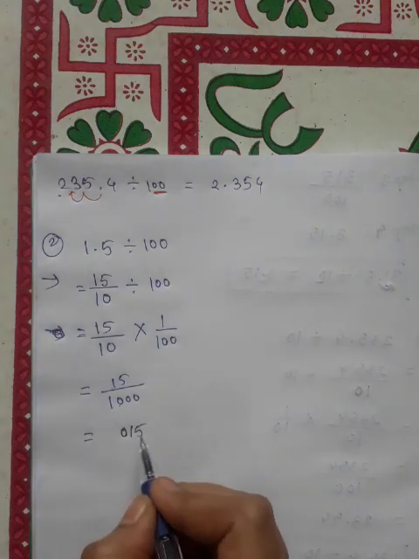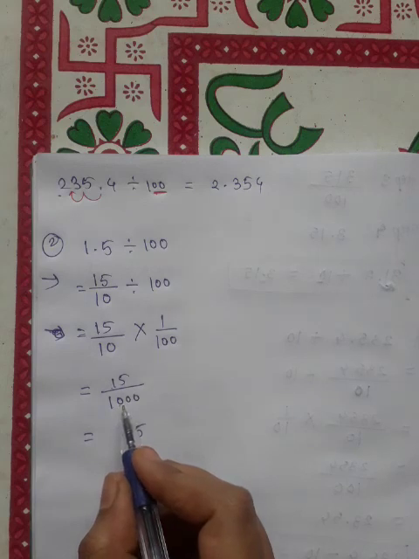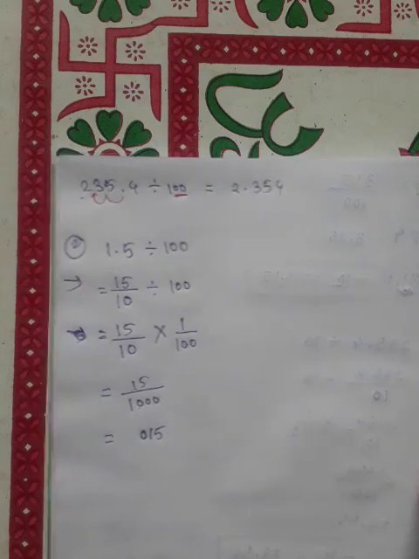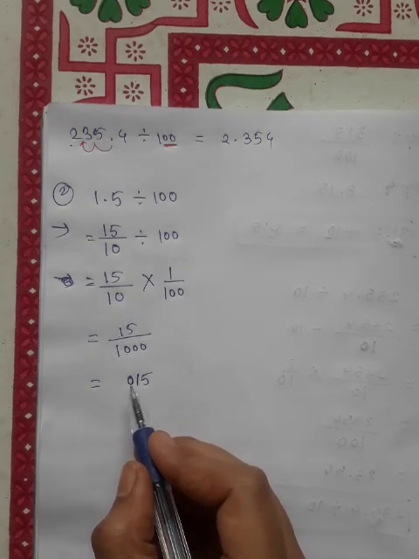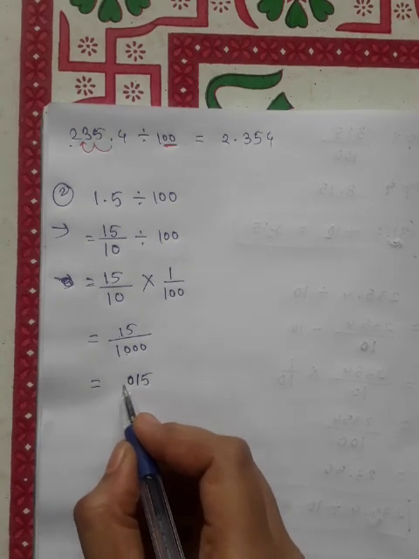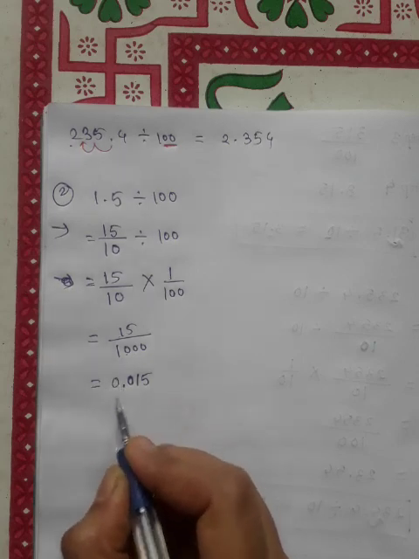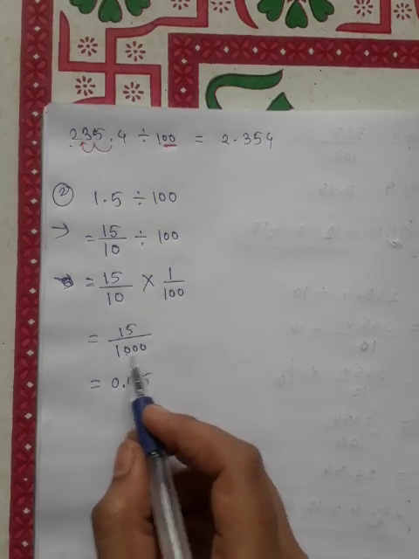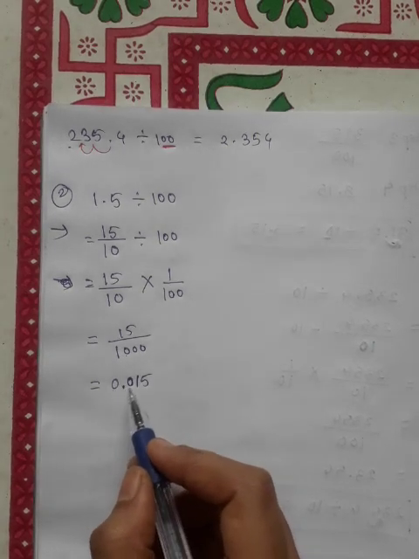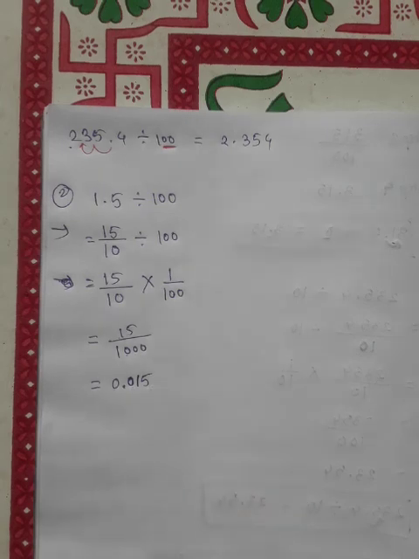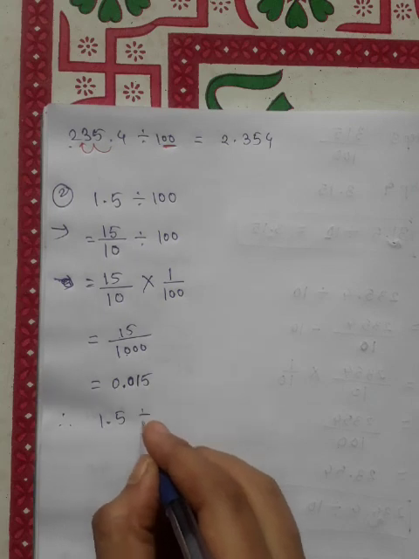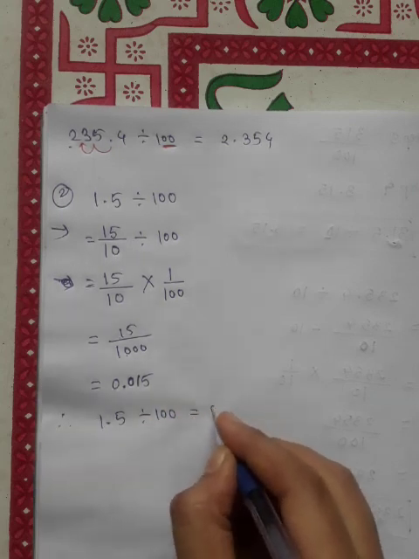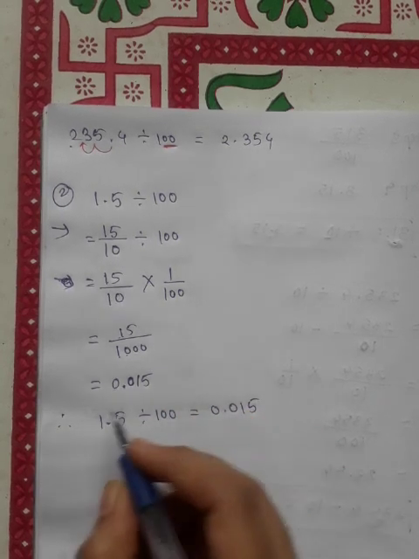So put the decimal point before 3 digits. Okay, so 1 2 3, there is no digit, so we write 0 and put the point. Okay, so 15 by 1000 can be written as 0.015. Okay, so we get the answer 1.5 divided by 100 is nothing but 0.015.